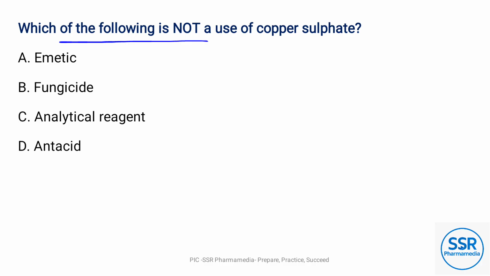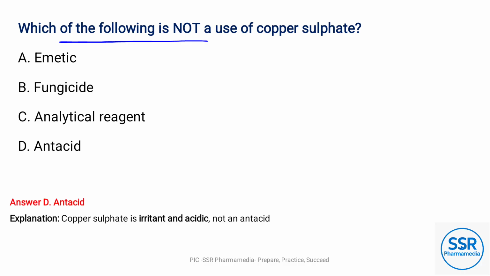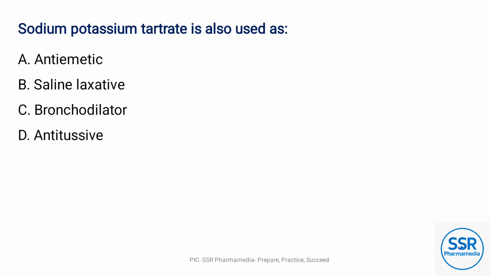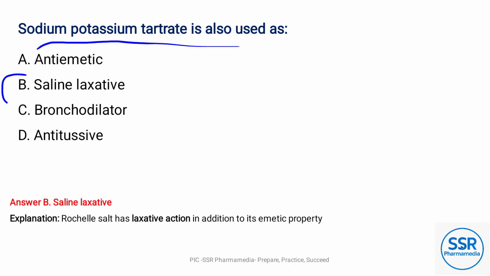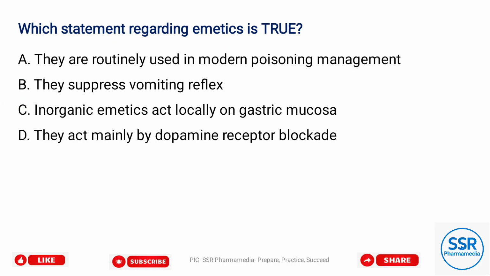Which of the following is not a use of copper sulfate? Antacid. Copper sulfate is an irritant and acidic, so it is not an antacid. Sodium potassium tartrate is also used as, option B, a saline laxative.